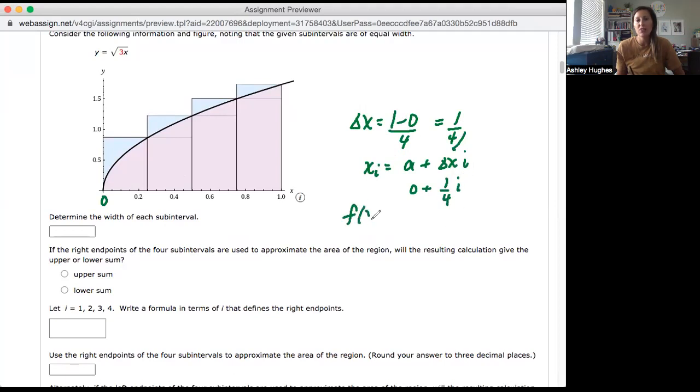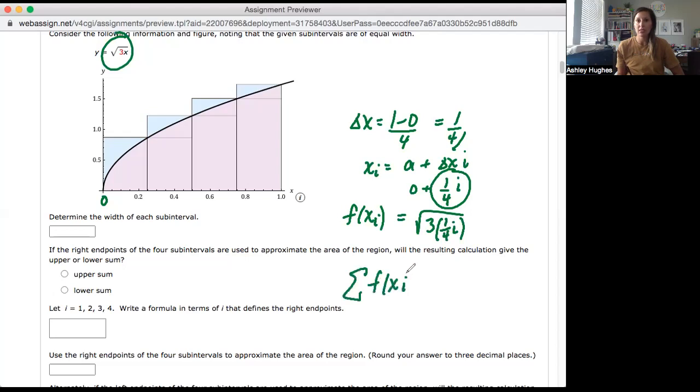And then you find f of x sub i. So plug this in to the function itself. What is our function? It's the square root of 3 minus x. So it'd be the square root of 3 minus 1/4 i.